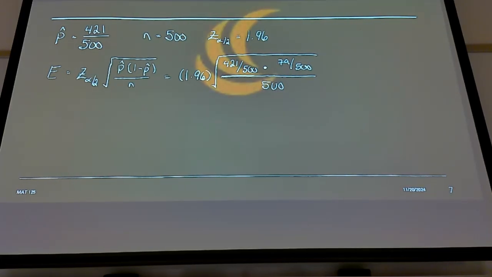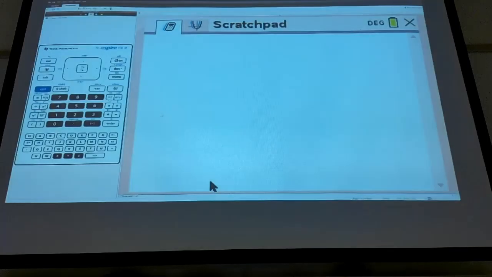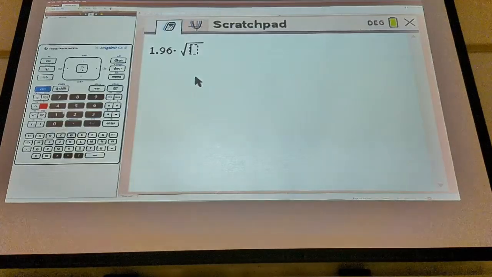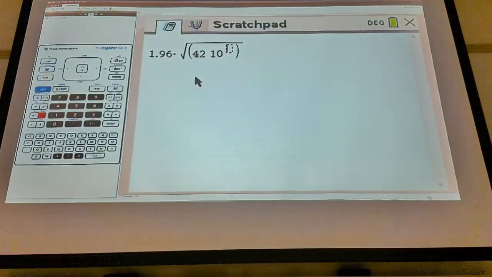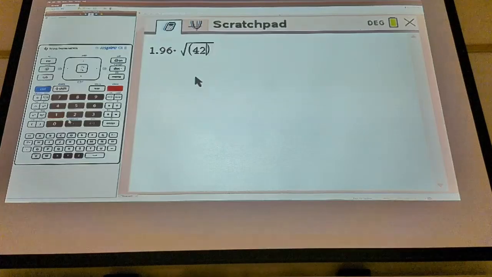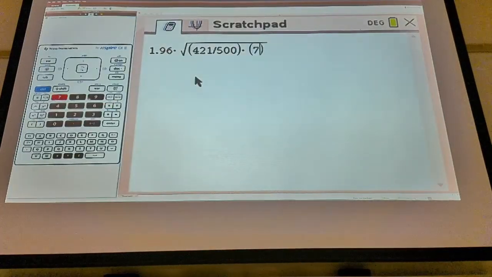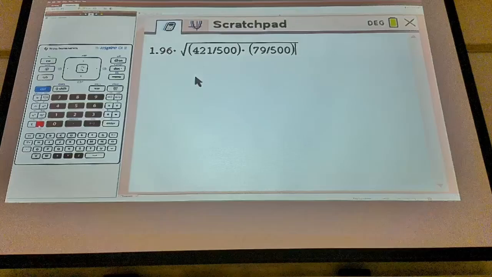This is fun. We have a 500 cubed in the denominator. All that over 500.